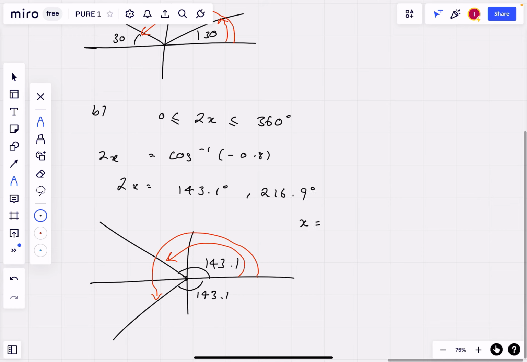So x is 143.1 divided by 2, 71.55, so 71.6 because 1 decimal place. 216.9 divided by 2, 108.45, so 108.5 to 1 decimal place. There you go. Those are your answers. And that is how you apply adjustments when solving trig equations.